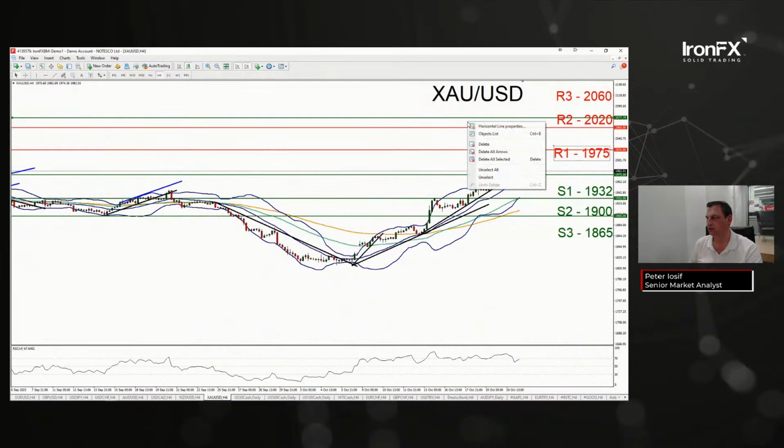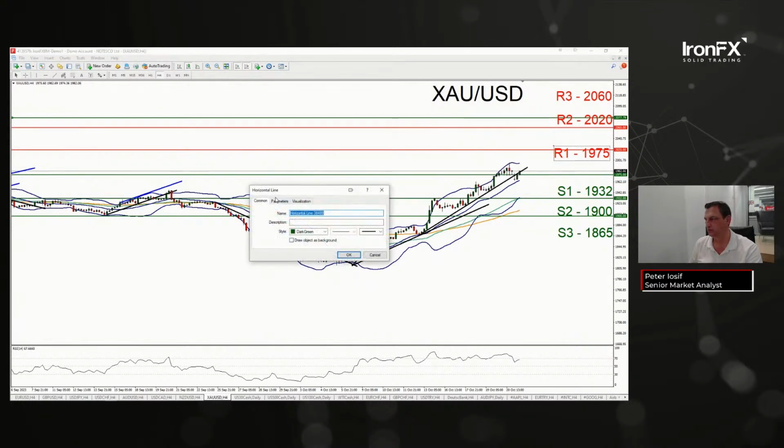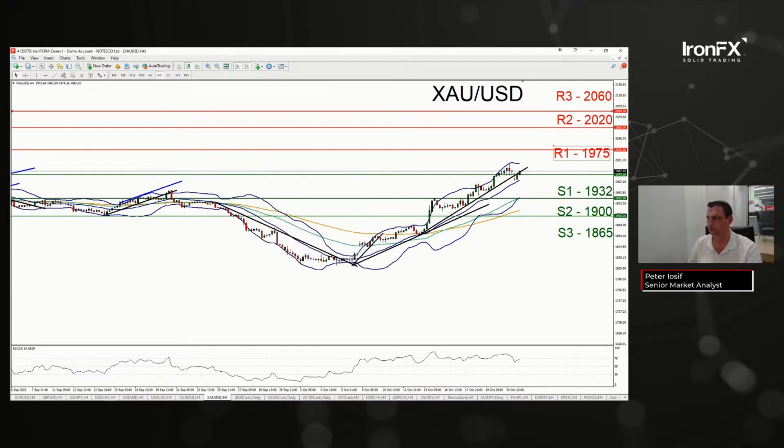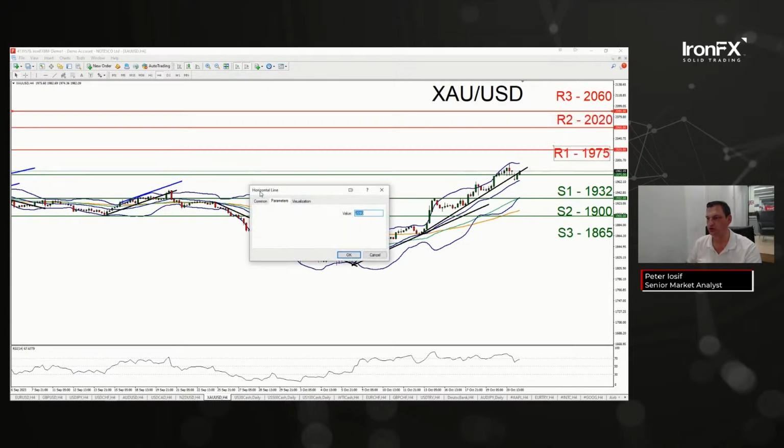Setting the next target at 2080. Could be higher. 2090. $3,100.